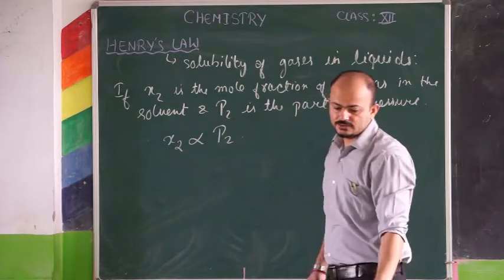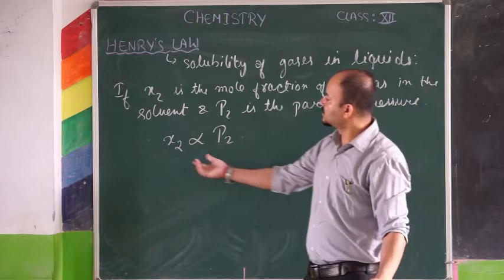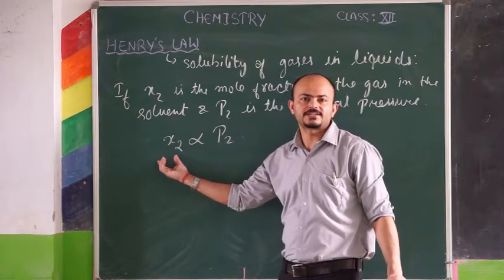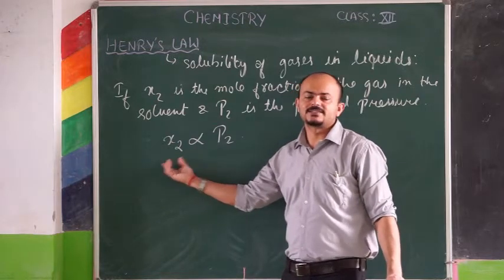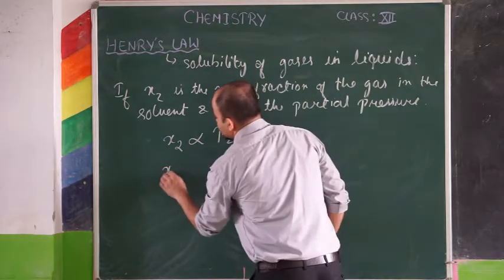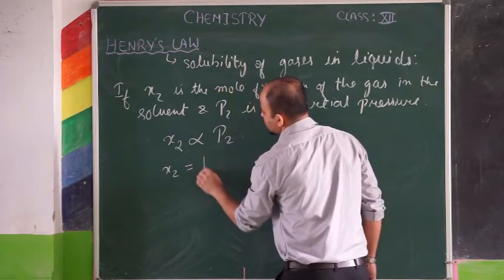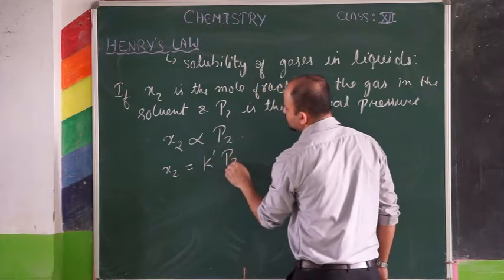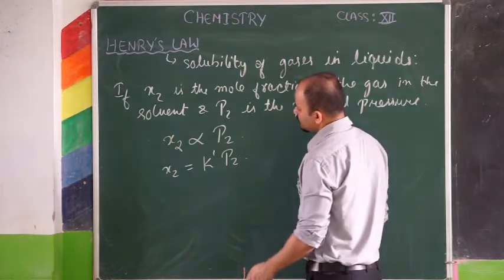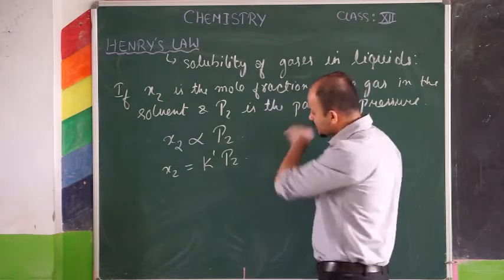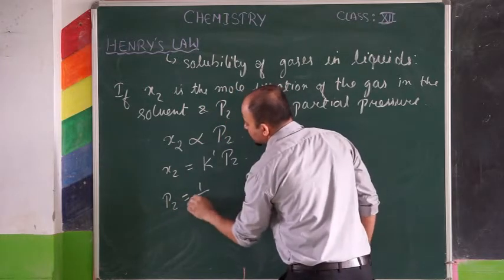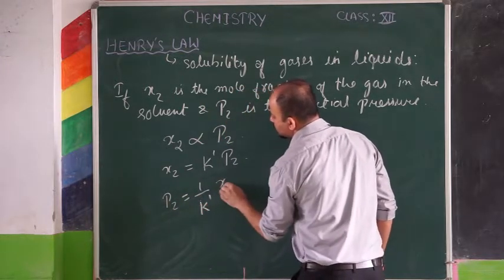Yes or no? X2 is directly proportional to P2, because how much gas is dissolved can be calculated from its mole fraction, and this dissolved gas is directly proportional to the partial pressure. So X2 will be equal to K' P2, where K' is the proportionality constant. Now if you want to make P2 the subject, then P2 will be equal to 1 by K' times X2.